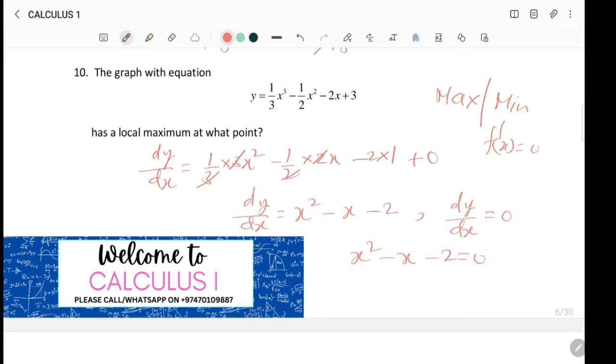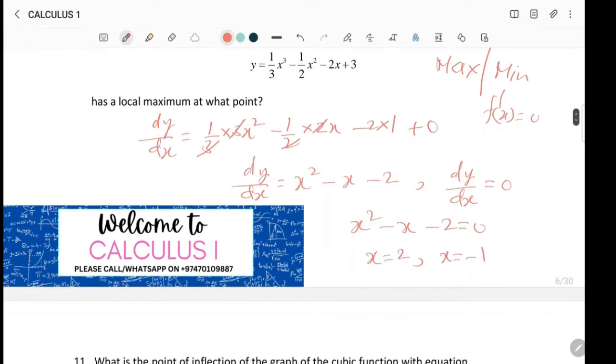Okay, so the coefficients are 1, minus 1, and constant minus 2. The roots are 2 and minus 1. Okay, so that's fine. Now we got 2 roots, but we don't know whether at x equals 2 or at x equals minus 1 we will get the maximum or minimum. We don't know.